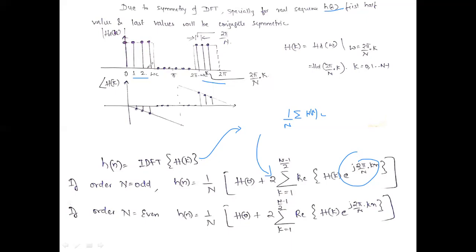You can see e to the power j theta is cos theta plus j sin theta, and e to the power minus j theta is cos theta minus j sin theta. It is e to the power j theta only, but the first half values of theta are going to be negative and the second half values are going to be positive. So all the sine terms are going to get cancelled. Cos of minus theta is cos theta only, right?